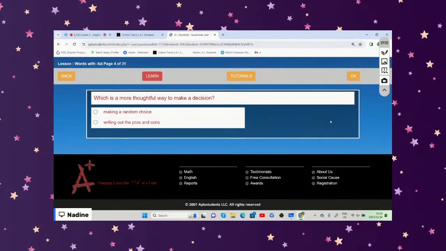And which is a more thoughtful way to make a decision? So if you have thoroughly thought about something and you're about to make a decision, all right? What is the most thoughtful way to make a decision?